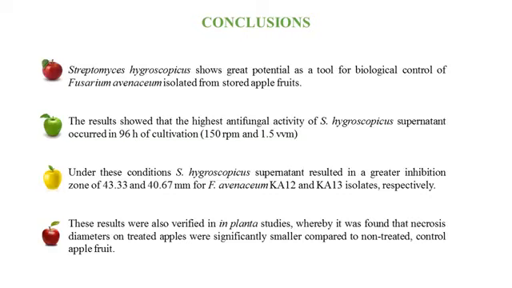Under these conditions, Streptomyces hygroscopicus supernatant resulted in inhibition zones of 43.33 and 40.67 millimeters for Fusarium avenaceum Ka12 and Ka13 isolates respectively. Also, these results were verified in in planta studies, where it was found that necrosis diameter on treated apples was significantly smaller compared to non-treated control apple fruit.